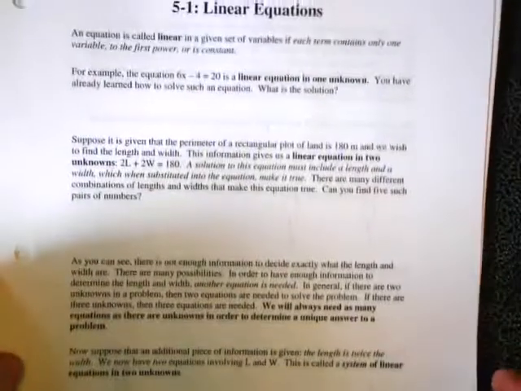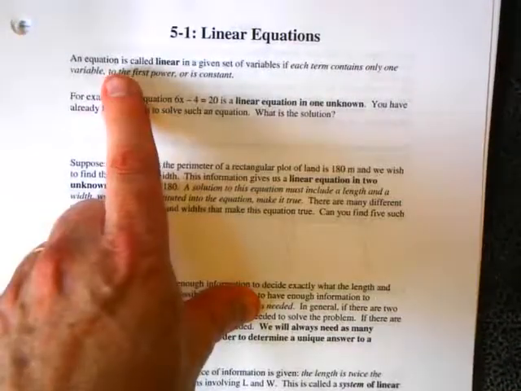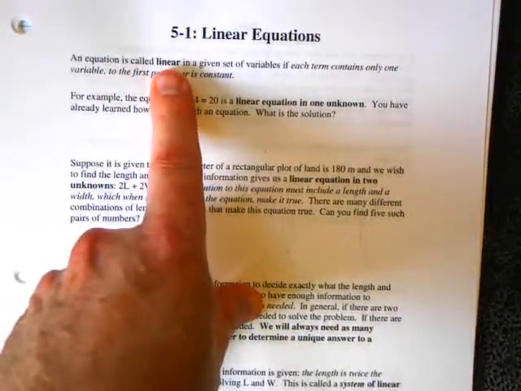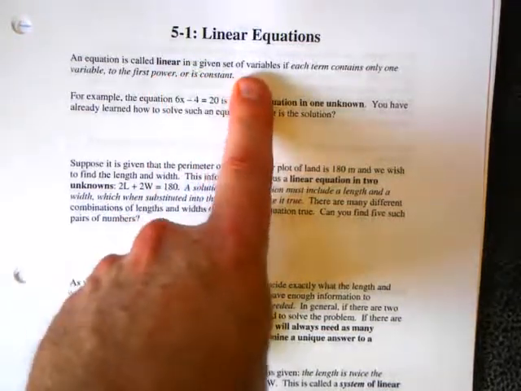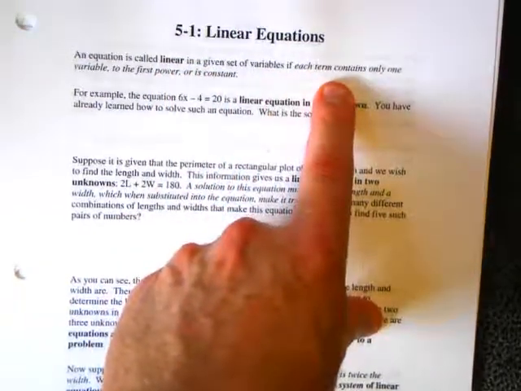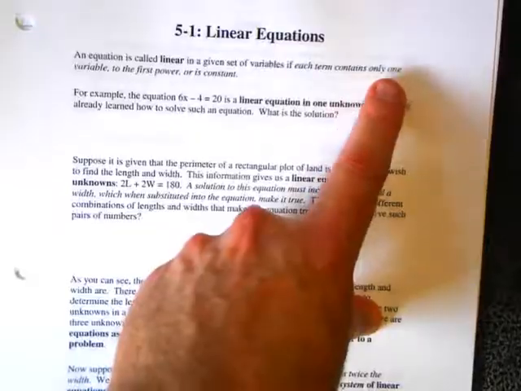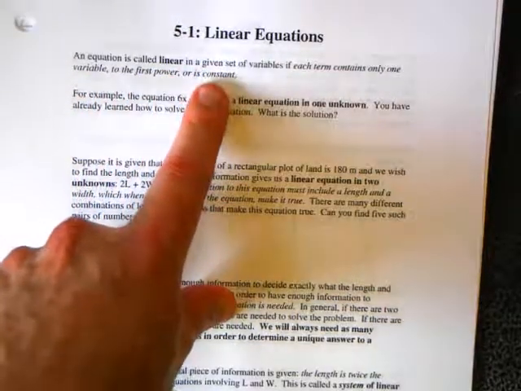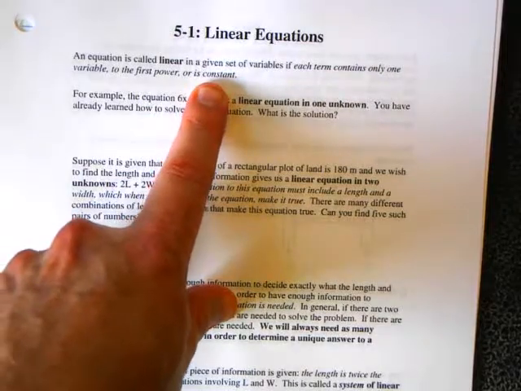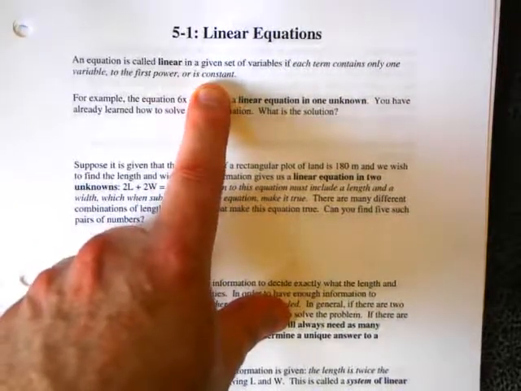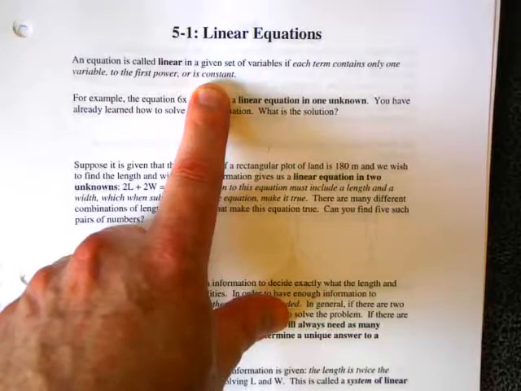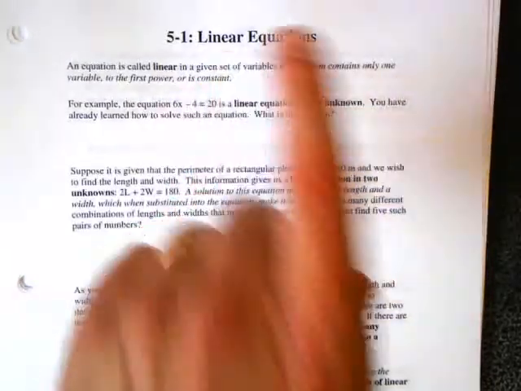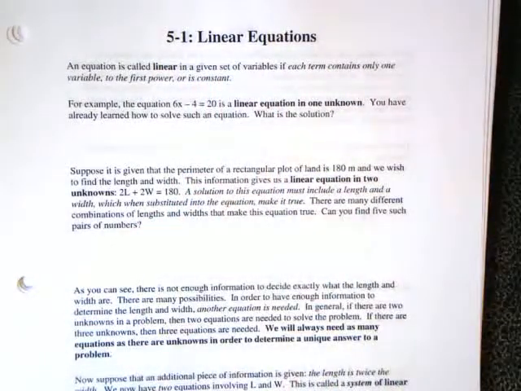So, looking at this. An equation is called linear in the given variable set if each term contains only one variable to the first power or as a constant. So when you ask a math person what the word linear means, they would tell you linear means I only have x to the power 1 or y to the power 1.